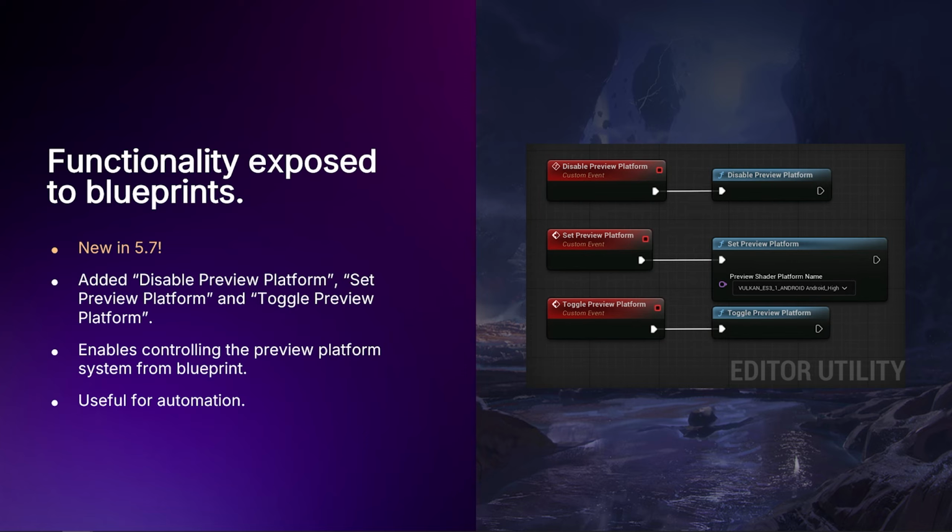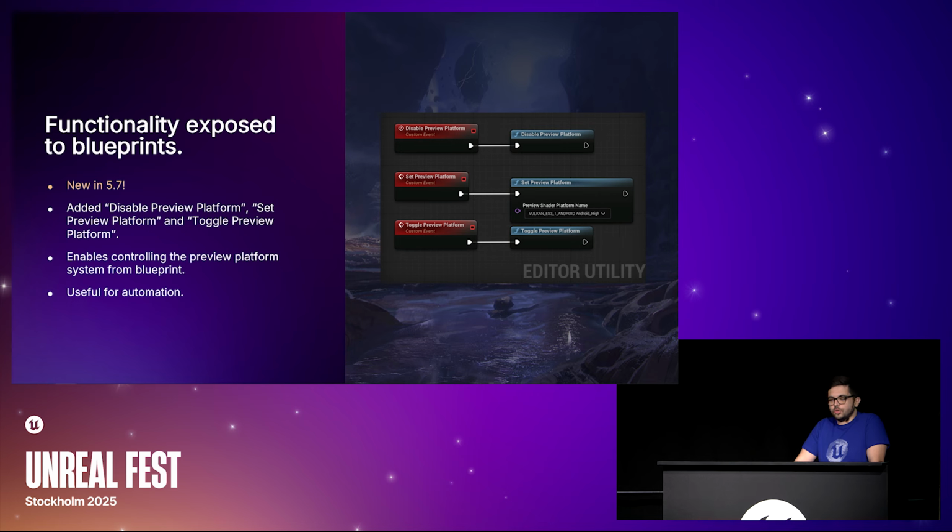The set preview platform has a drop-down that just lists all the preview platforms available currently in your project, and you can select that, and it will run the logic that the editor would usually run to select the right preview platform. The disable preview platform, as the name states, disables them, and the toggle one toggles them. What's nice about these is that you can make blueprint logic with it.